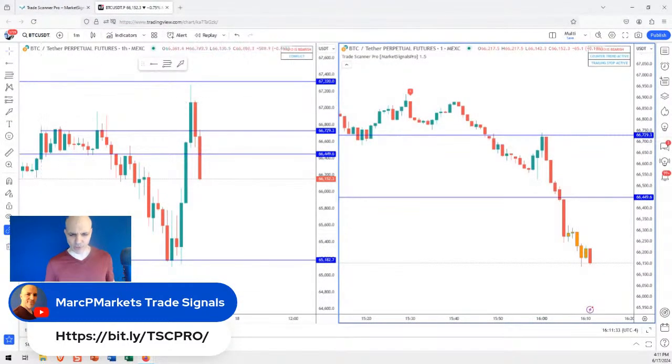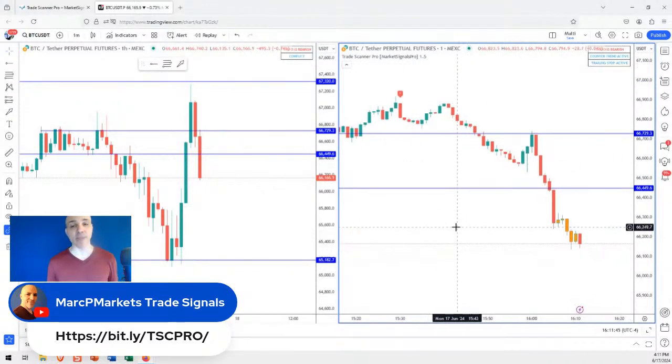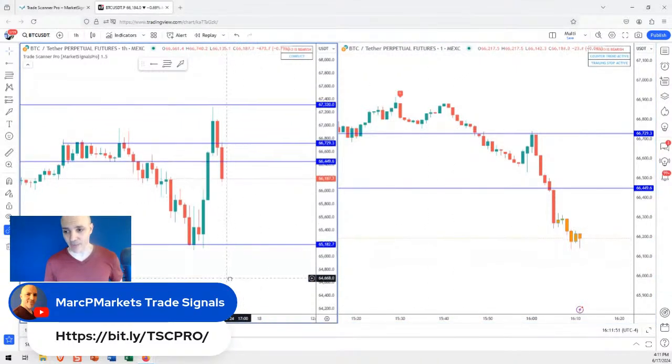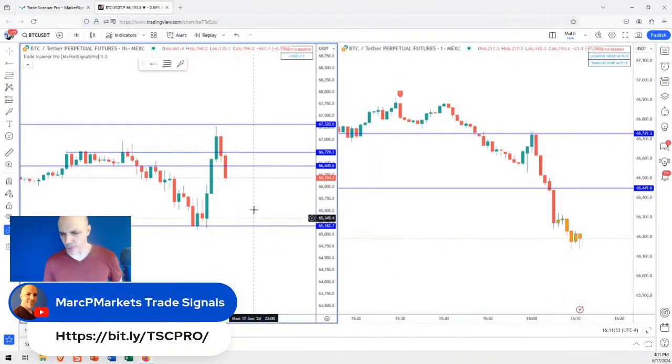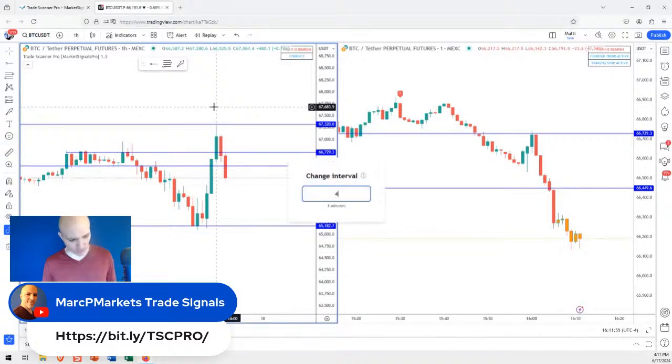All right. Any questions? If you're short and 64K breaks, where would you be looking to start taking off? Well, it depends on your time frame. If you're short the bigger picture, see, in a situation like that, Sam, let's put the 4-hour chart here real quick.